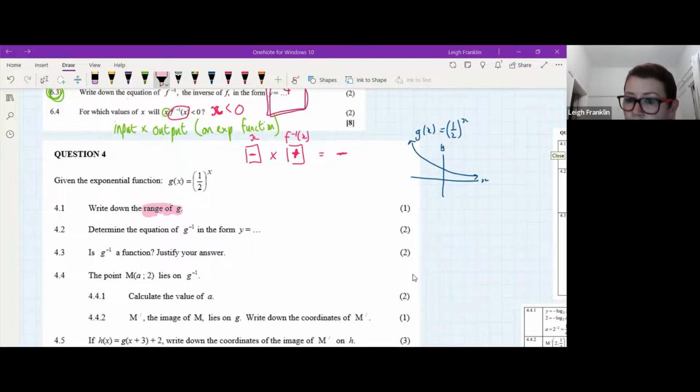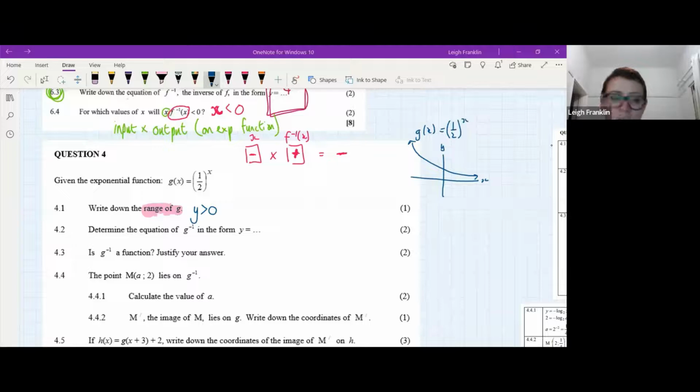Good, Johannes. Perfect. y is greater than 0, 100%. The graph never touches the x-axis and it certainly never goes below it either. Good job, nice.